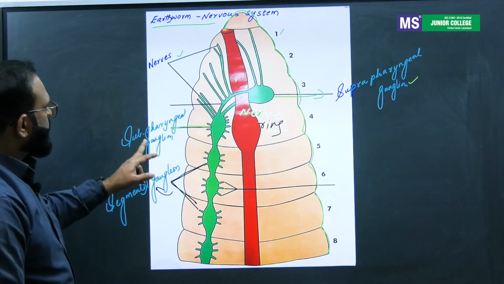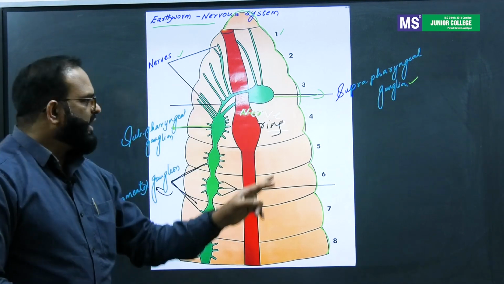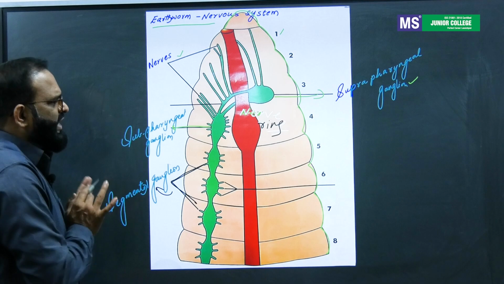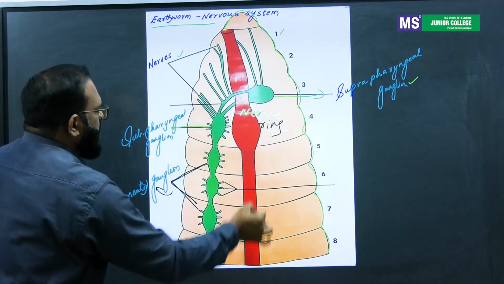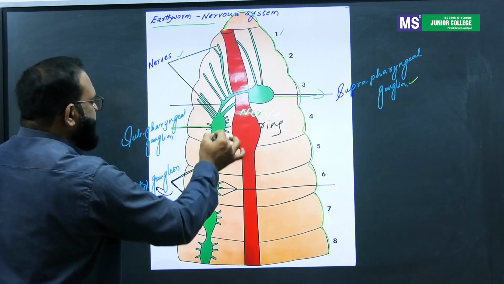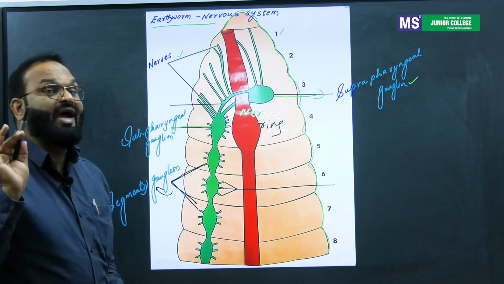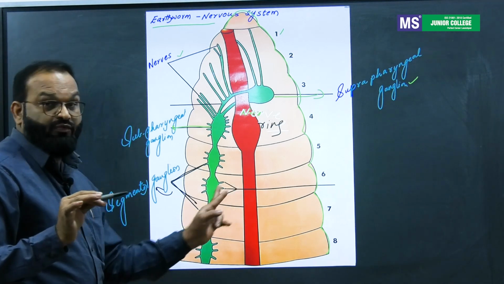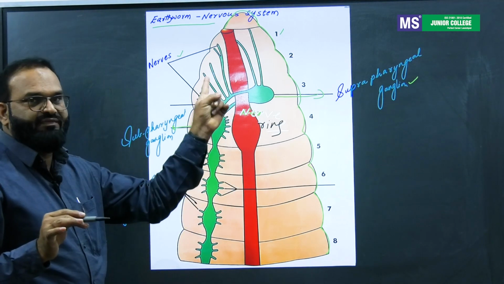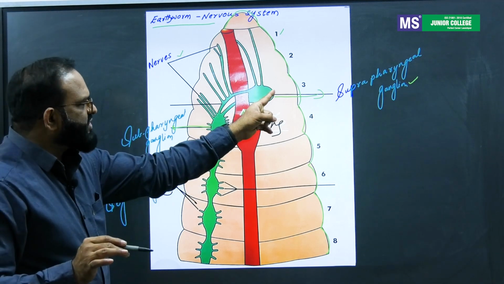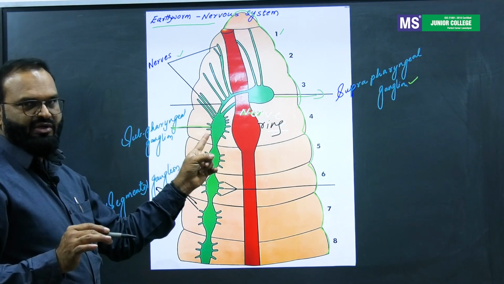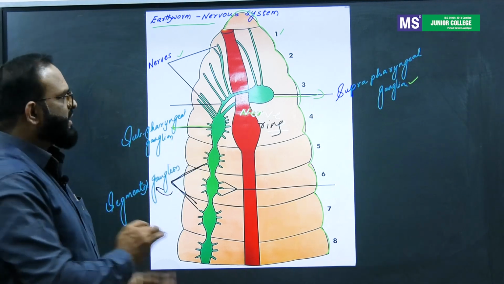Yes, 1, 2, 3, 4 and 5th labeling. And a simple diagram. Of course, this is the digestive system, and this is very important: you have to draw both things, because the nerve ring is surrounding the pharynx. Suprapharyngeal ganglion, subpharyngeal ganglion. Students, be cautious.